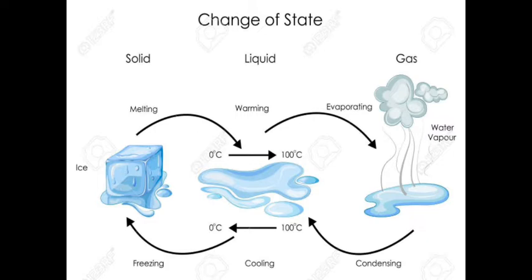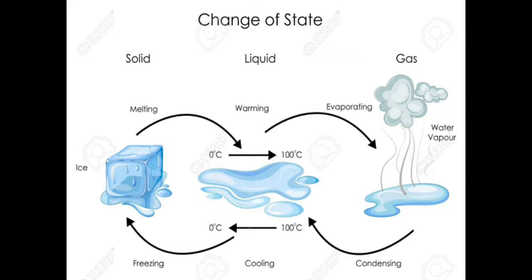And if water, in liquid form, changes into gas form, that's called evaporation. So solid to liquid is called melting, liquid to gas is called vaporization or evaporation. In reverse, gas to liquid is called condensation, and liquid to solid is called freezing. And one more change: solid to gas without coming to the liquid form.